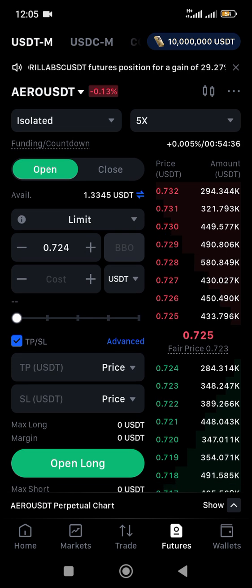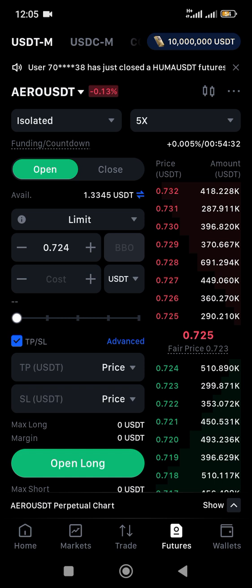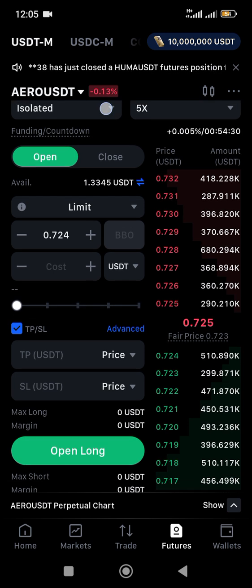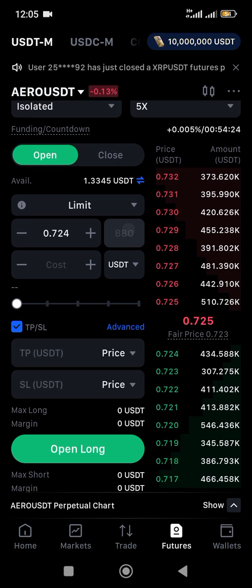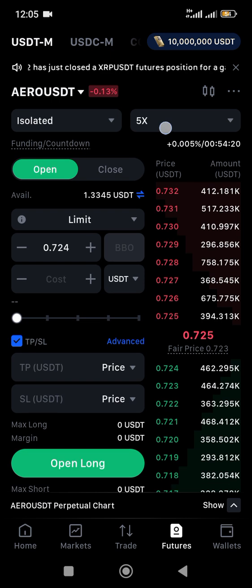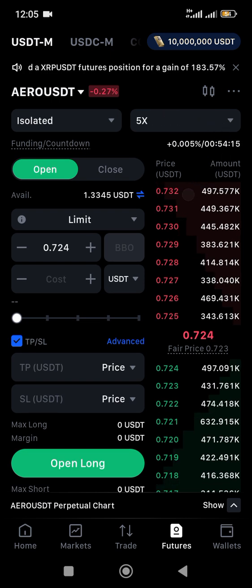Alright, so now when you choose either isolated or cross margin, the next thing you want to do is to select your leverage. Put up the leverage you want.